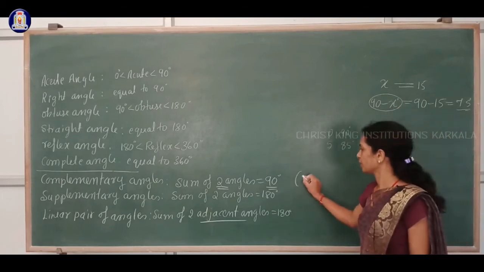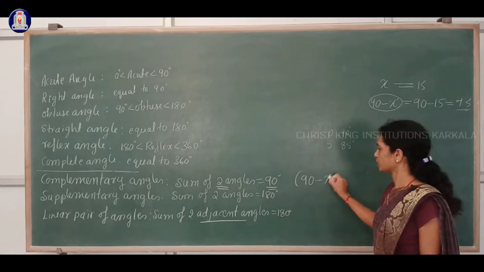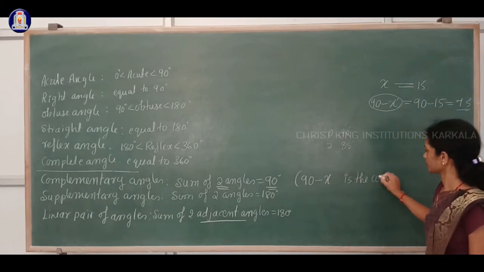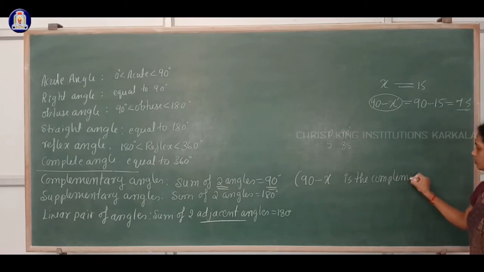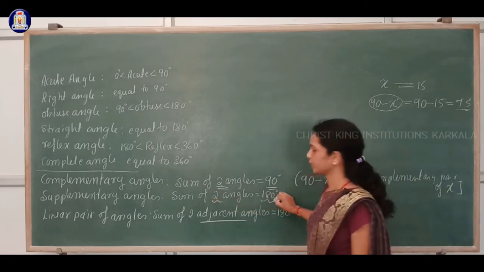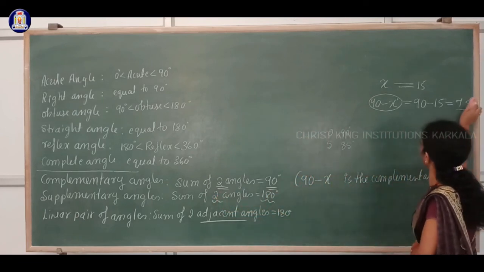You can take that as a formula: 90 minus x is the complementary pair of x.